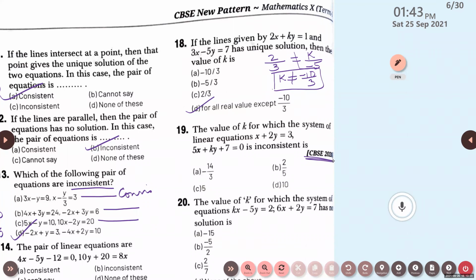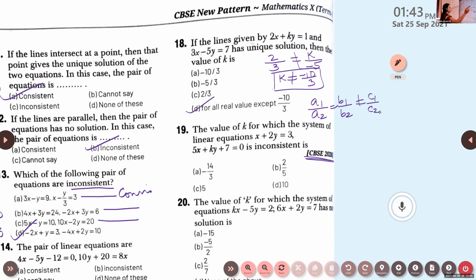A1 by A2 equal to B1 by B2 not equal to C1 by C2. Yes. Aditya, repeat the condition. A1 by A2 equal to B1 by B2 not equal to C1 by C2.